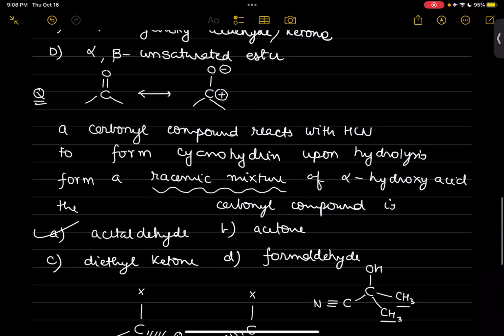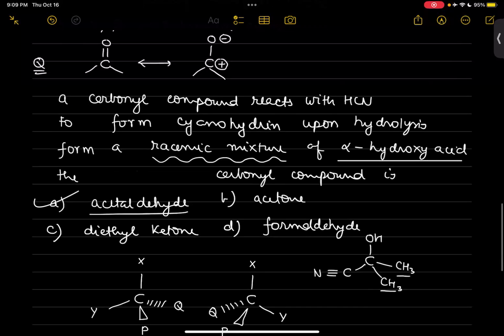Okay. And because you people are from bio, tell me what is the name of that alpha hydroxy acid which is obtained from acetaldehyde? What is the common name? Very important molecule which is there in our body. It accumulates in our muscles when we do exercise.